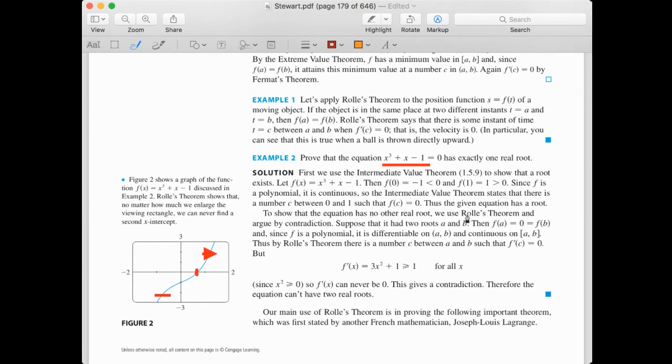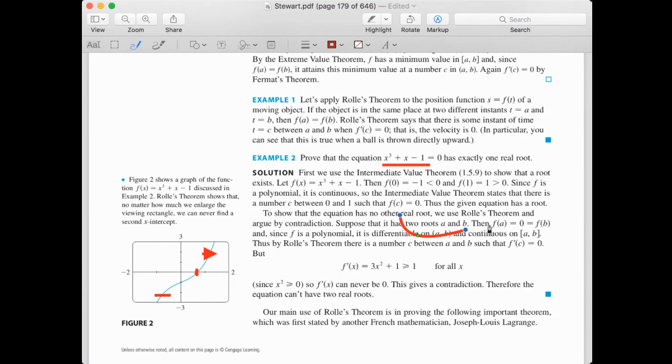And also we can use Rolle's theorem. We need to find the function: x cubed plus x minus 1 is the function we're talking about, and it's continuous. Let's suppose it has two roots, a and b. Then f of a equals 0 and f of b equals 0, so f of a equals f of b.